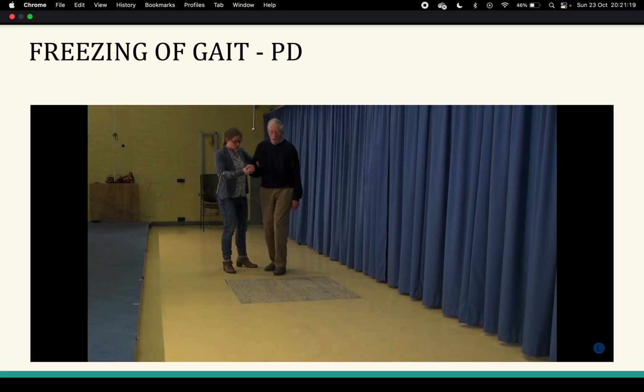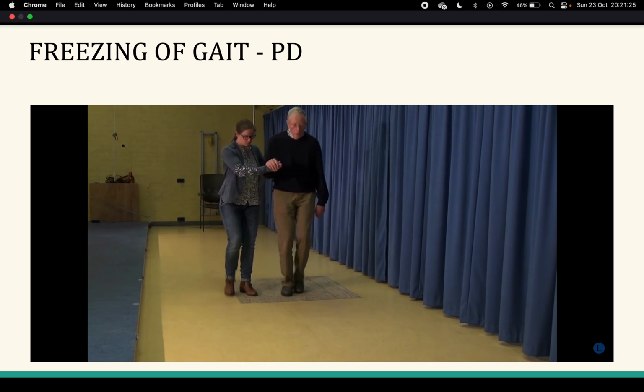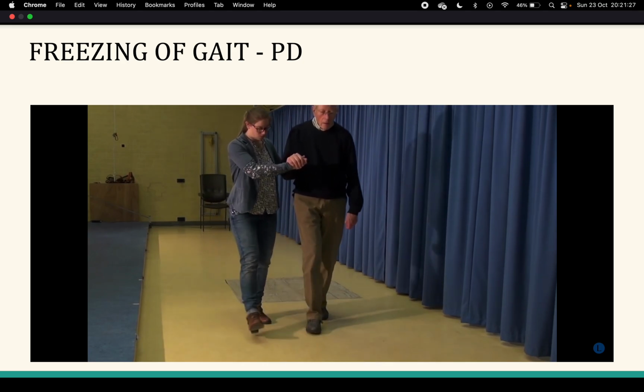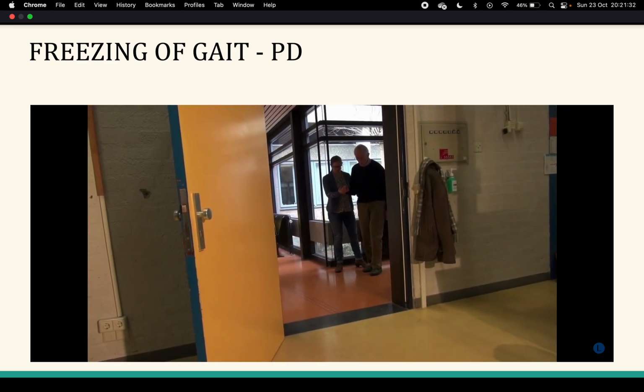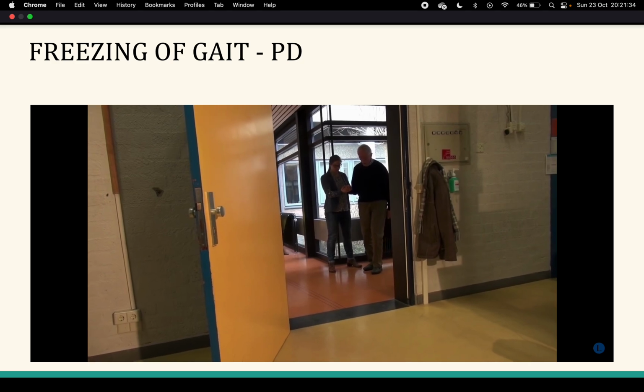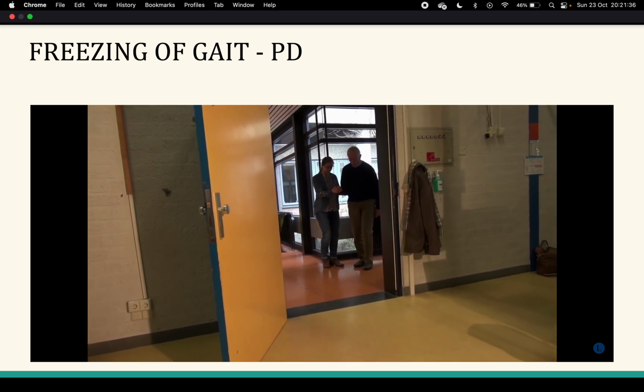See the freezing of the gait. The patient has start hesitation and slowly he starts to walk. He is walking and there is an increase in the pace, festination. But suddenly there is stoppage of the gait. He should turn in the room.